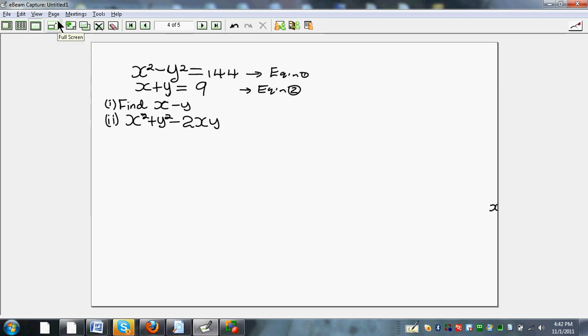Okay, so there was a mistake here, right? It's supposed to be x squared minus y squared. And based on that, we should be able to work this out.